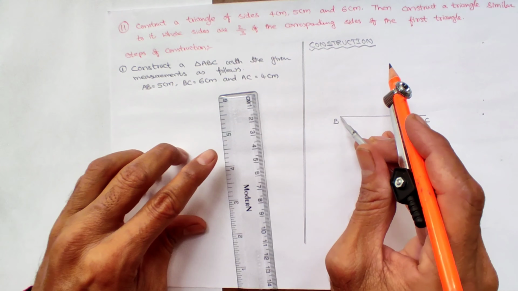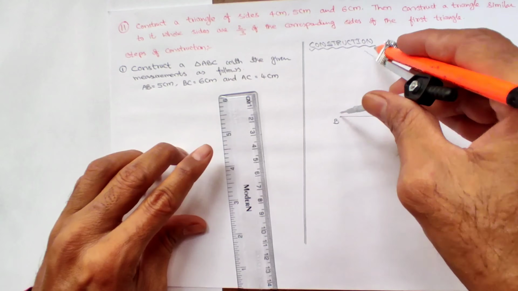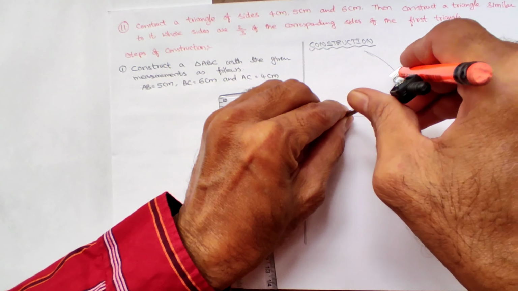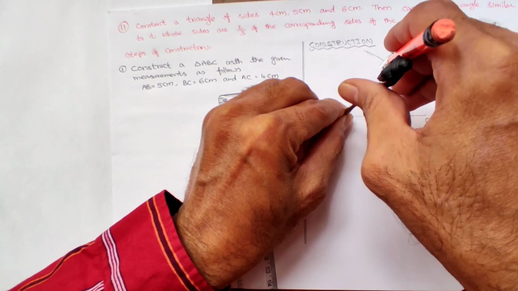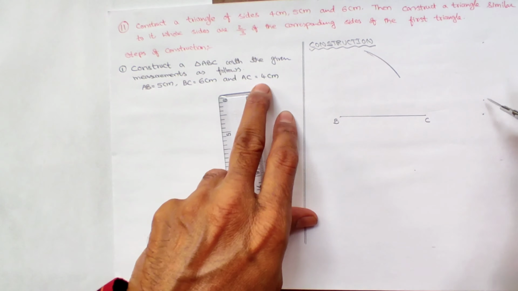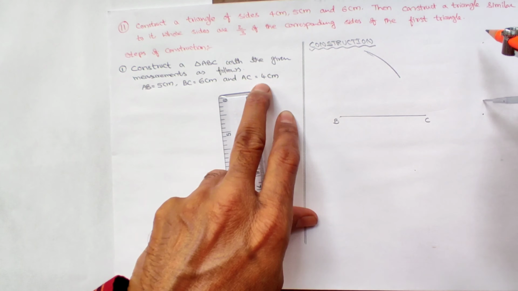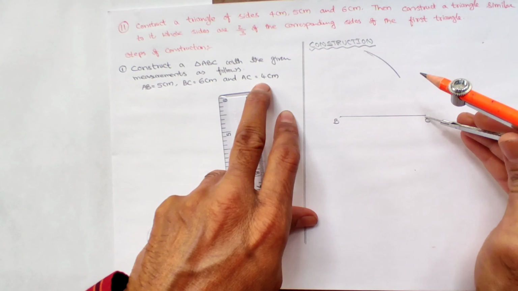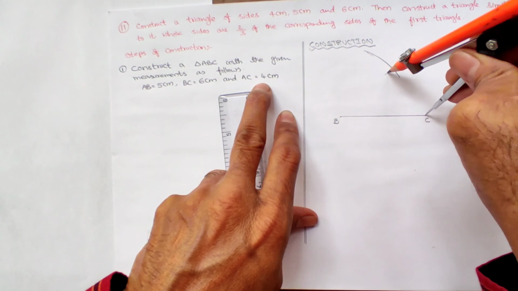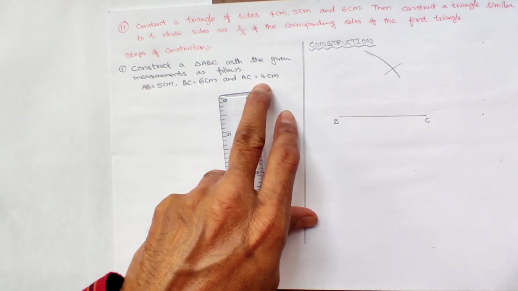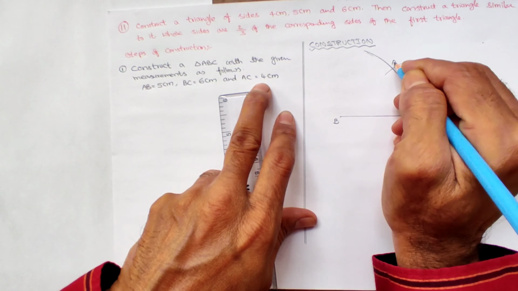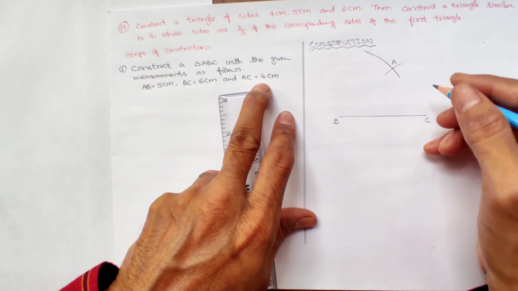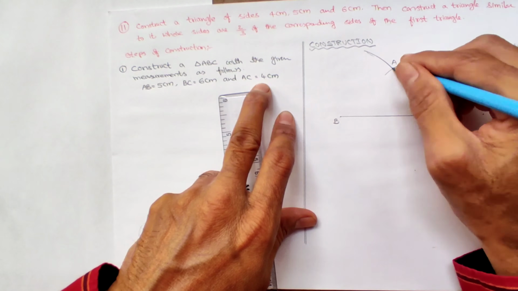So from B I cut an arc. Now from C I should have 4 centimeter. I already measured this one earlier. So this is 4. From C, where both arcs meet each other, that can be taken as A. See, this is the point of intersection.